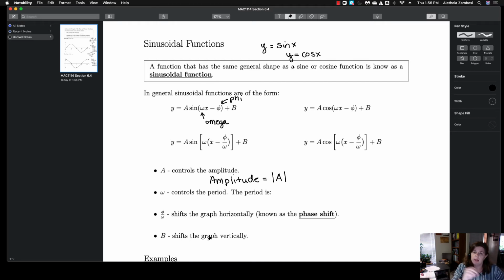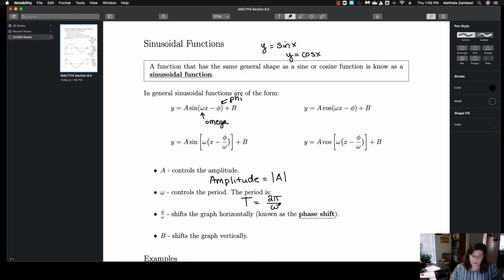So the general period is 2 pi, but if you have a number in front of your x, an omega component, that changes the period. So the period is generally represented with a T, and it's calculated with 2 pi over omega, whatever omega is in your equation.